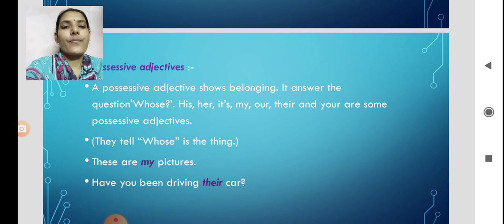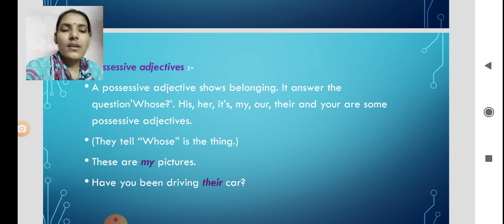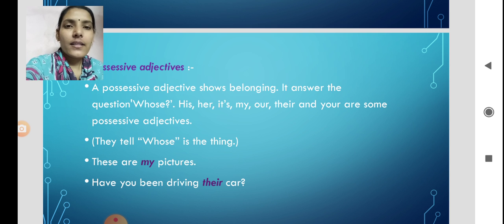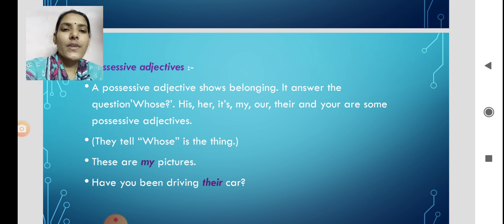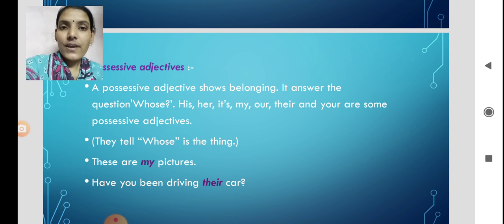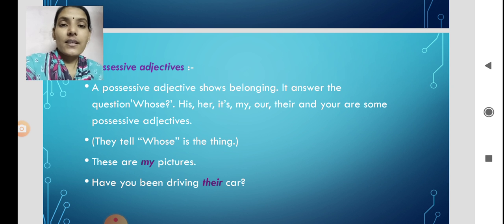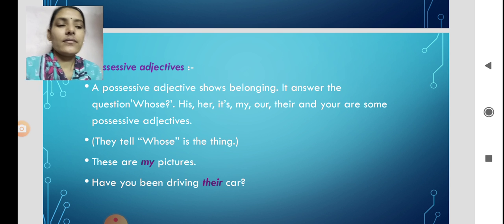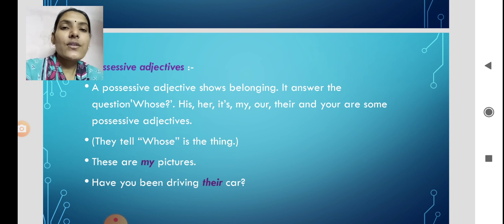Possessive adjectives. A possessive adjective shows belonging. It answers the question whose. His, her, its, my, our, their and your are some possessive adjectives. They tell whose the thing is. With possessive adjectives we can show the ownership of a thing, and say who is the owner of that thing.